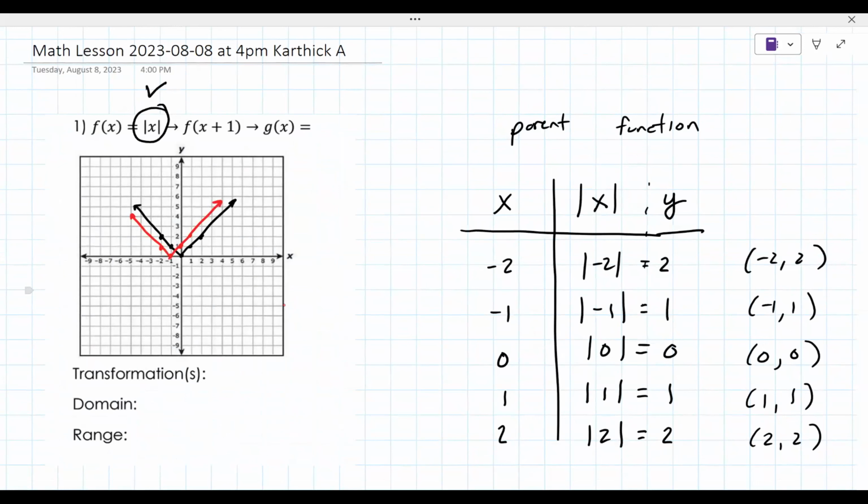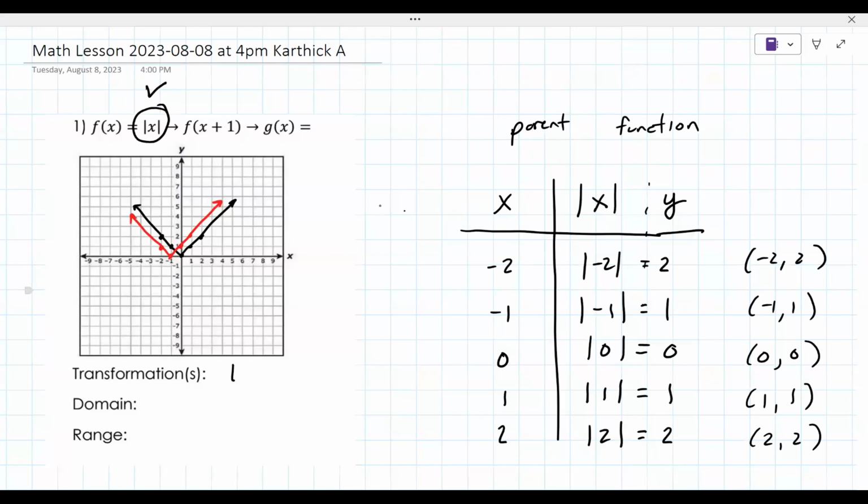And I guess I'll have you try to tell me, what do you see here? How does the black line to the red line, what do you see as happening? It's like translated a unit to the left. Yeah, very good.